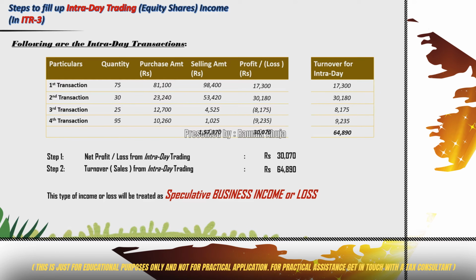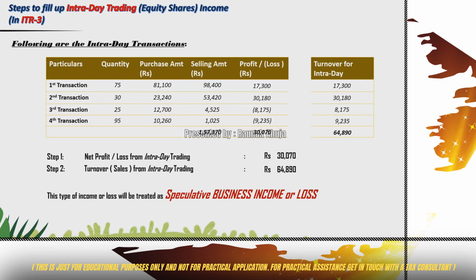And to be very specific, it is a speculative business income. The reason why I am stressing the word speculative is because this type of income is to be disclosed as speculative business income in the income tax return also. Yes, there's a separate space to disclose the speculative income in the income tax returns. Let me show you how you would disclose this income in the income tax return.